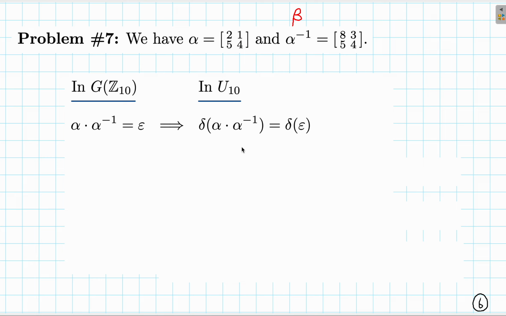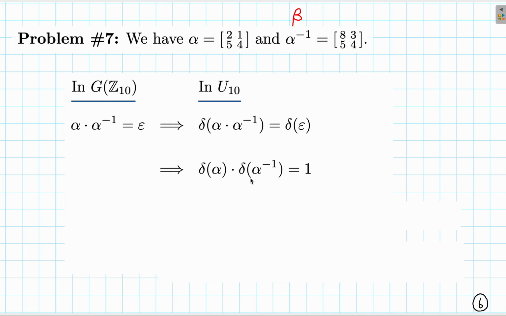But because delta is a homomorphism, we can rewrite this equation as follows. The left-hand side, using the fact that delta is operation preserving, can be broken up like this. And on the right-hand side, well, we can compute the determinant of the identity matrix, and that's equal to 1, or use our theorem from the previous slide, which said that the homomorphism maps the identity of the domain, namely epsilon, to the identity of the codomain, namely 1.